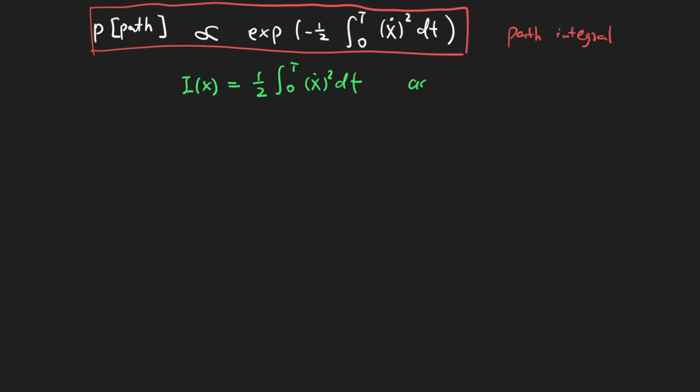This is called the action. So the probability of the path is given by the exponential of minus the action.